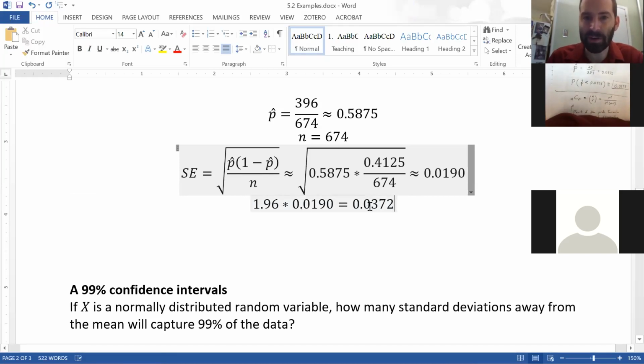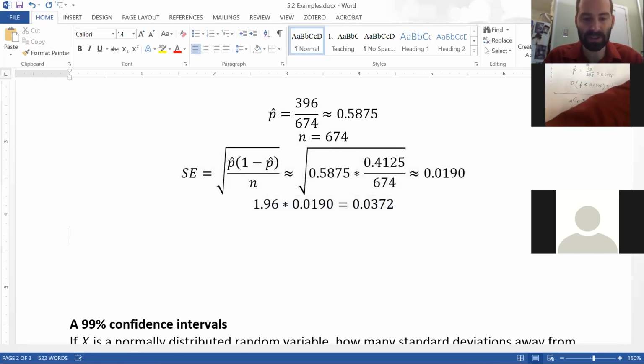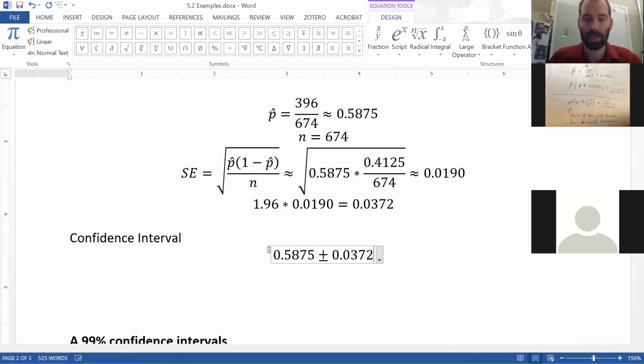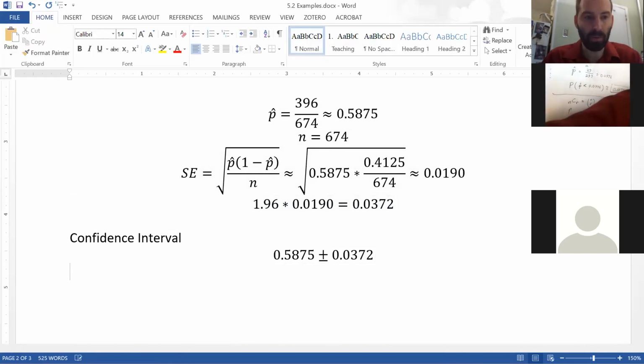This is the thing that I'm adding or subtracting from the sample proportion. So my confidence interval is, one way to write it, the sample proportion plus or minus that number. Or another way to write it is to say that it's between the two values that I get by subtracting and adding that number.